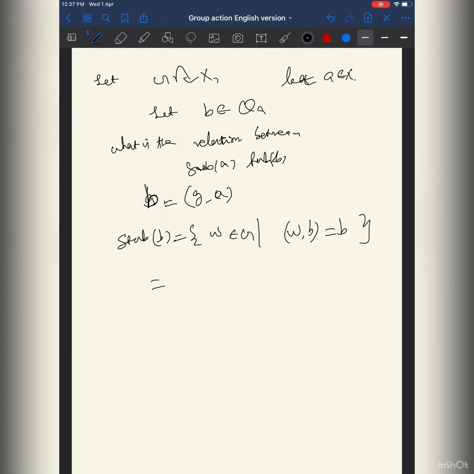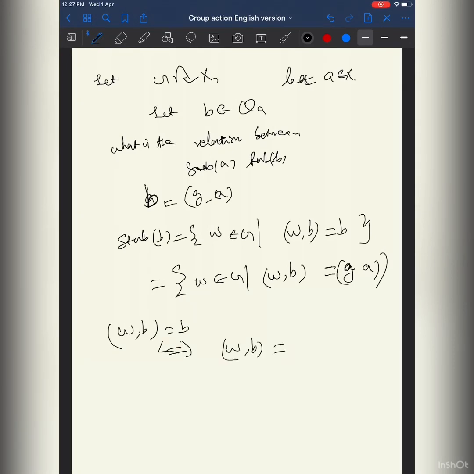That means the set of all w belongs to G with wb equal to b, where b equals ga. So wb equals b if and only if w·ga equals ga.